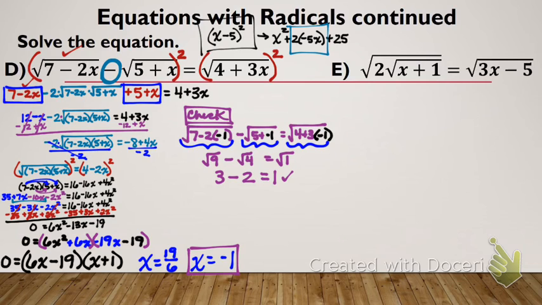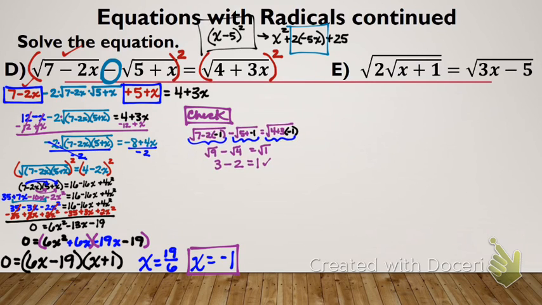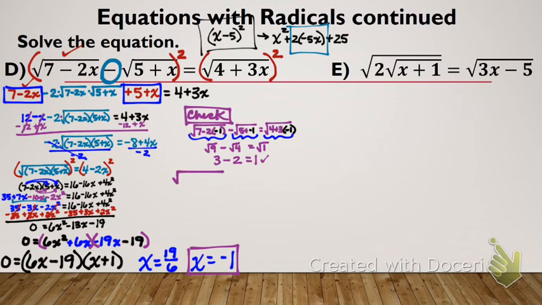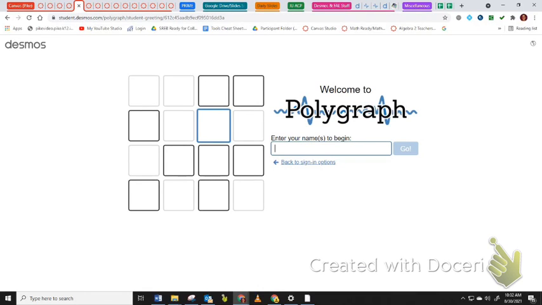We still have to check 19 over 6. So I'm going to do this in a different color. Square root of 7 minus 2 times 19 over 6 minus the square root of 5 plus 19 over 6 is equal to, my board is fritzing out again.